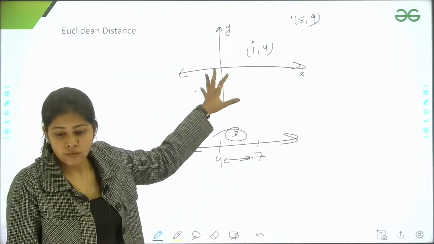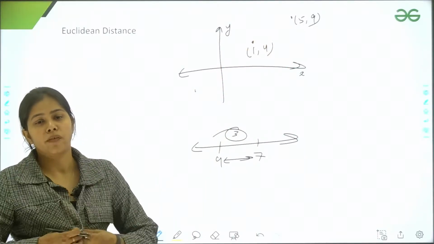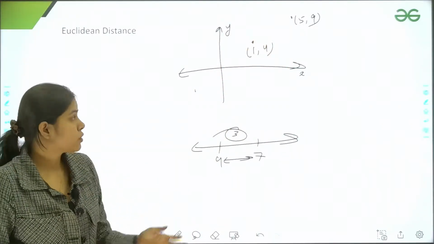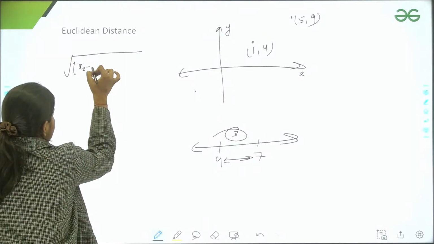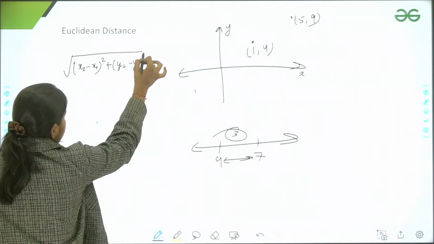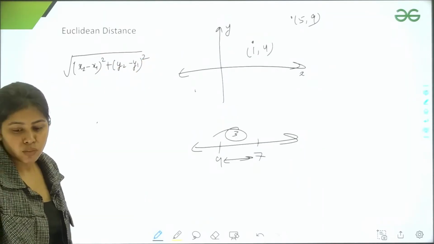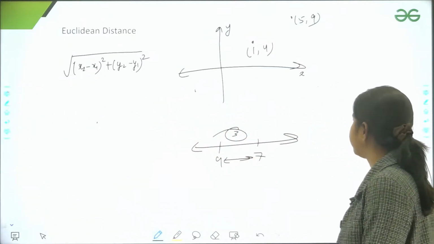But how would I find the distance between these 2 points? Euclidean distance says we have to write x2 minus x1 square plus y2 minus y1 square. This is the distance.